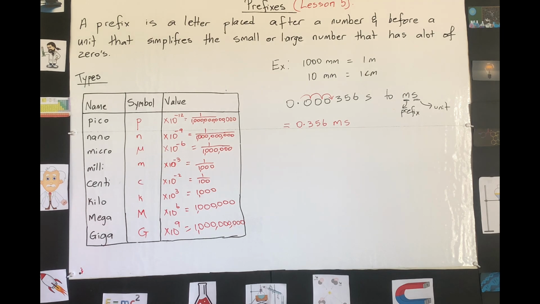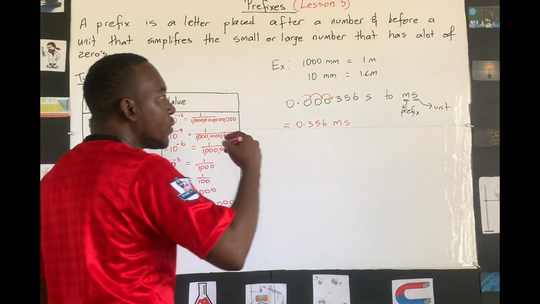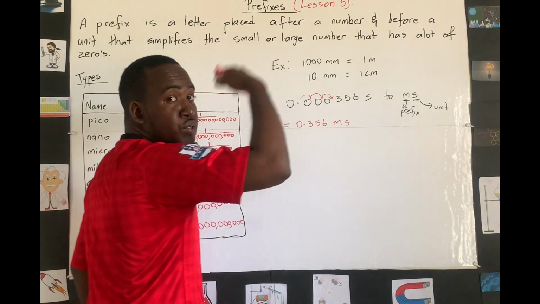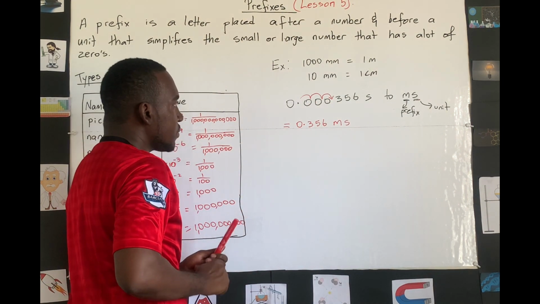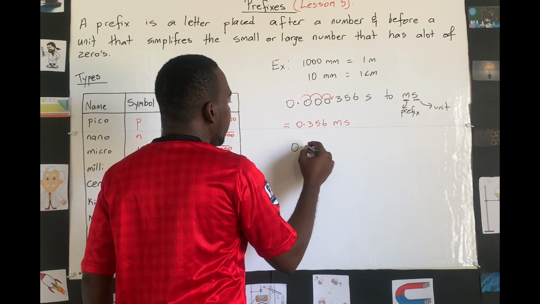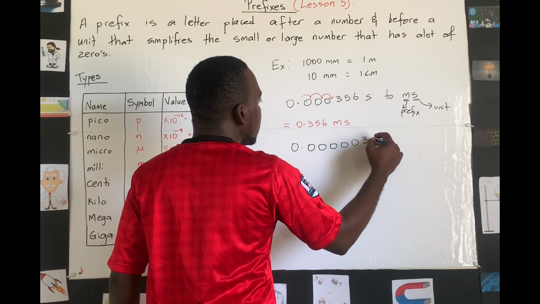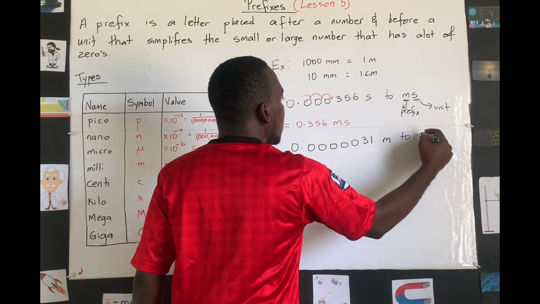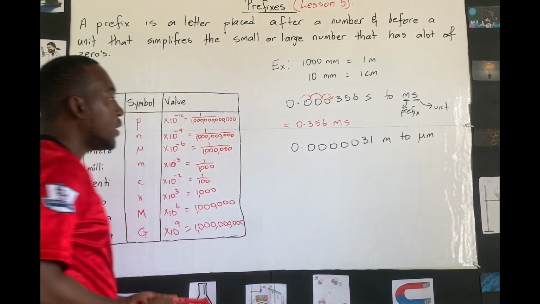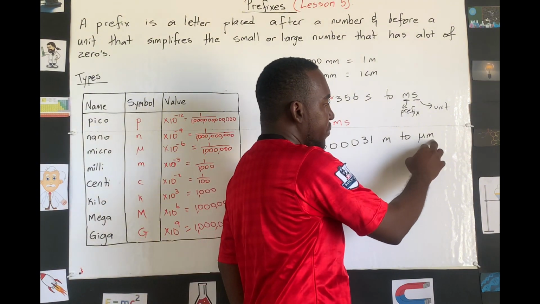So what we see here is that for any prefix that is from the negative side, we move the decimal place over to the right. Another example: now we have this number in meters and we need to convert it to micrometers.